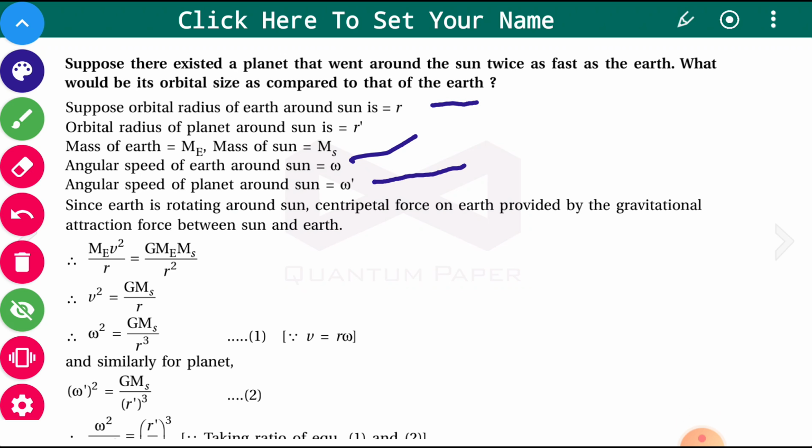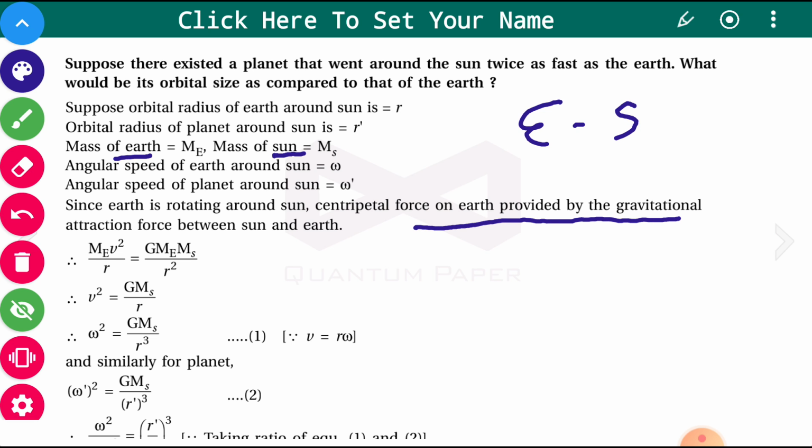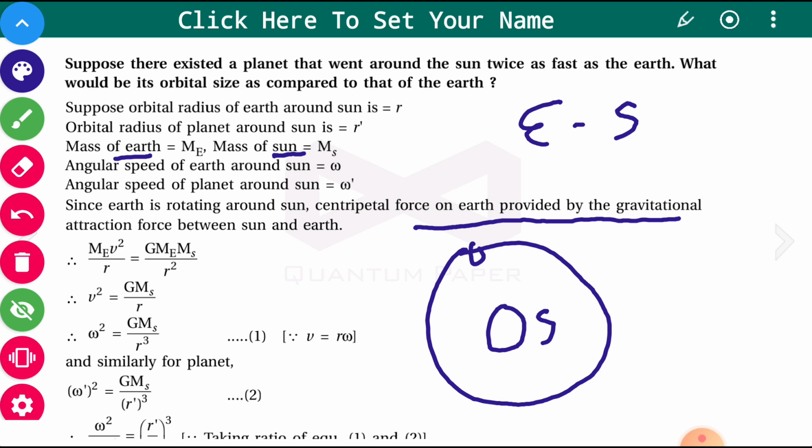Now see, first of all we consider the thing for the earth, and we consider mass of the earth as Me and mass of the sun as Ms, and we consider the system of earth and sun. When earth is moving around the sun, then the centripetal force is provided by the gravitational force.